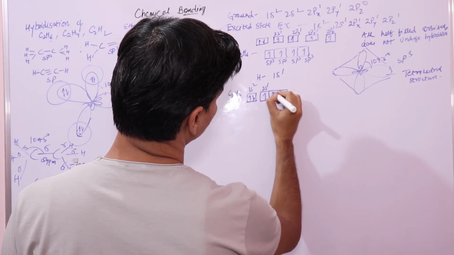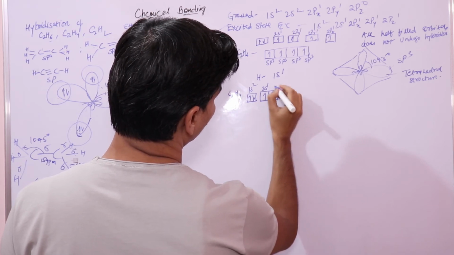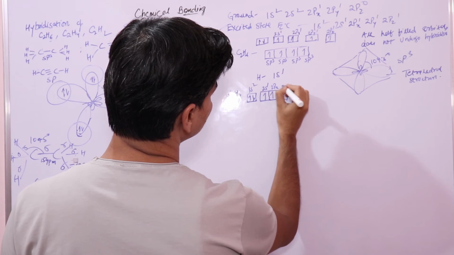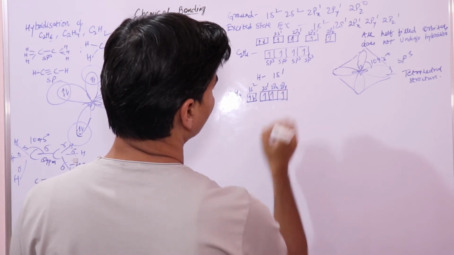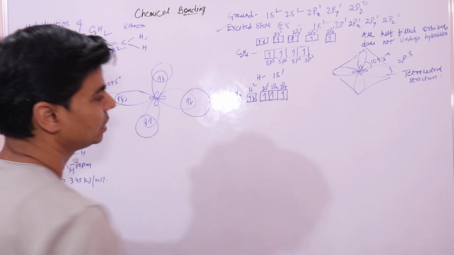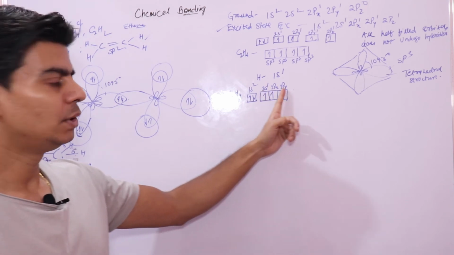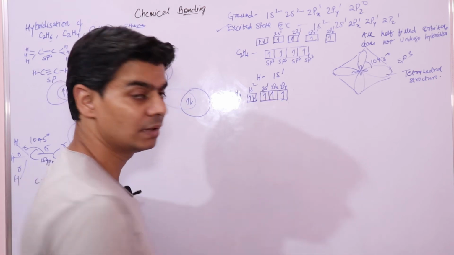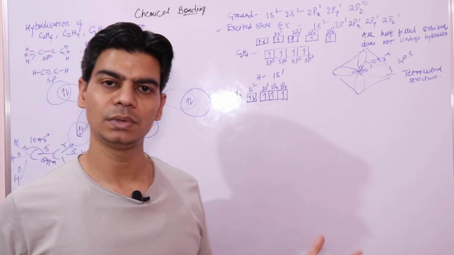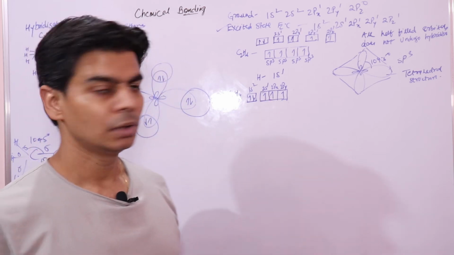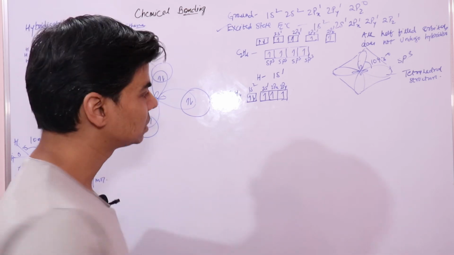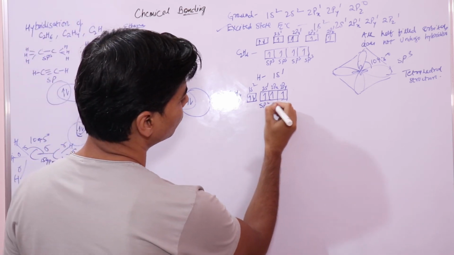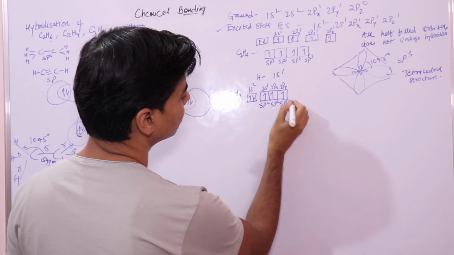Like this. This is your 2px, this is your 2py, right. So here you have 2s and 2p orbitals, right. These will undergo hybridization, they will mix and merge, they will redistribute their energy, right, and form 3 set of equivalent orbitals, which are sp2 hybrid orbitals, right.